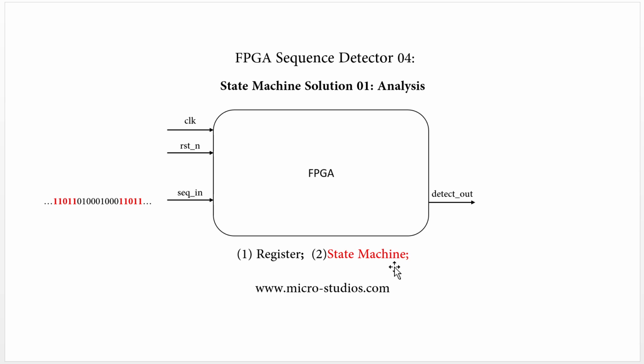As we know, our detector target is 11011. So the first state for every state machine is always idle.